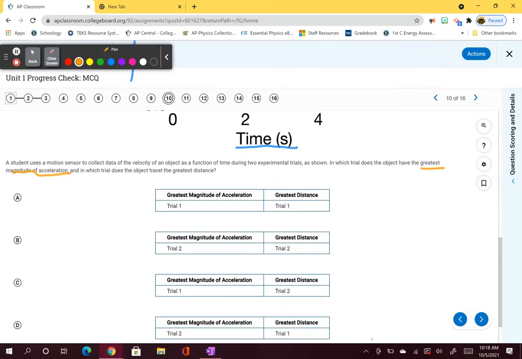So that means anything that says trial 1, we can cross out. So we know it's either B or D, because trial 2 has the greater acceleration. So now it's asking for which one has the greatest distance.